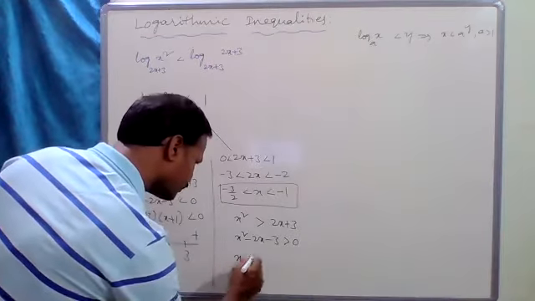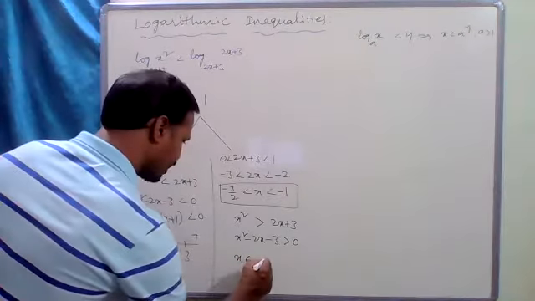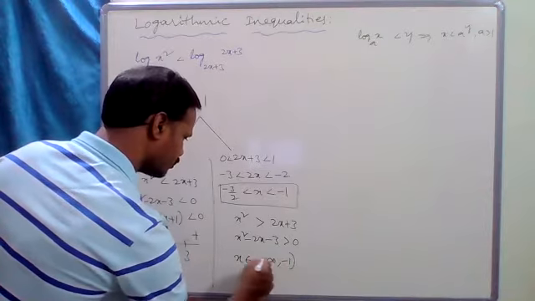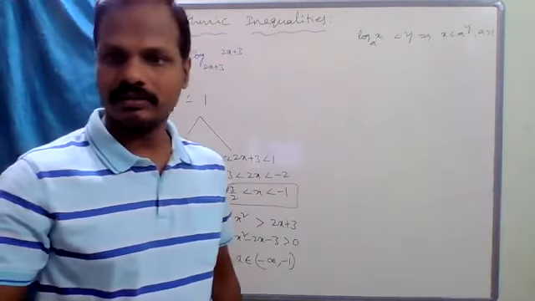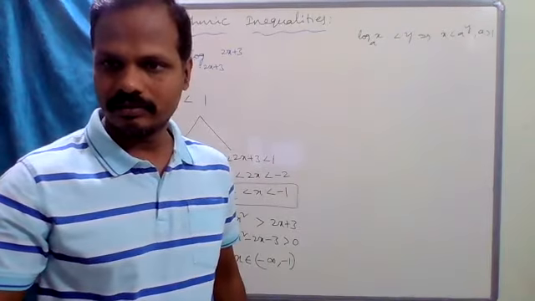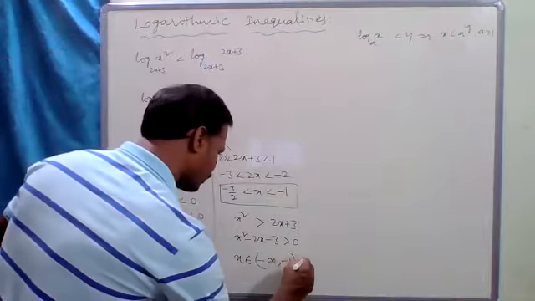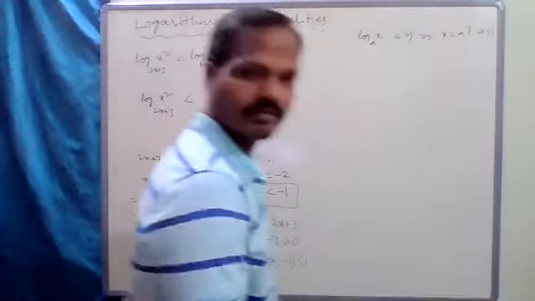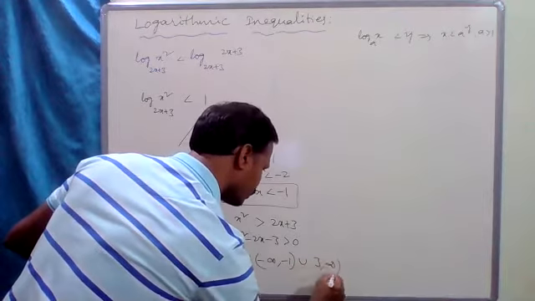x belongs to minus infinity to minus 1 union 3 to infinity.